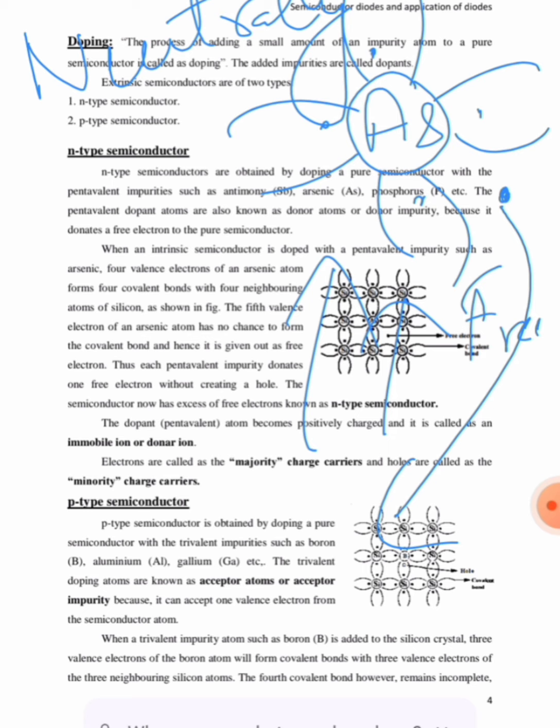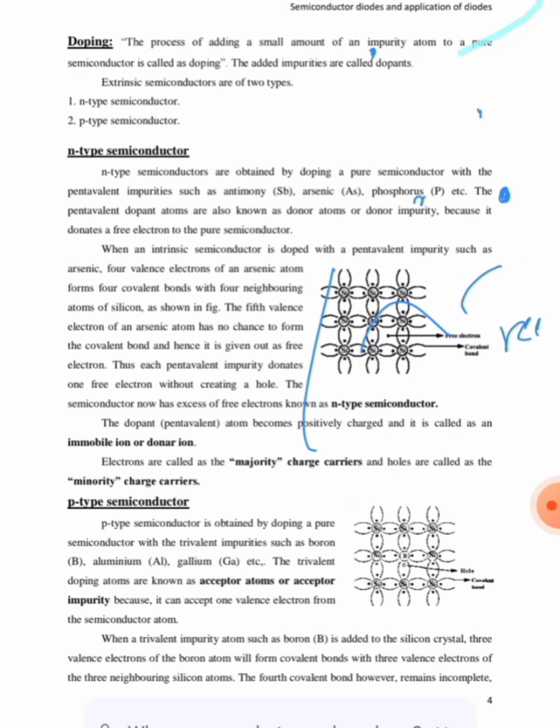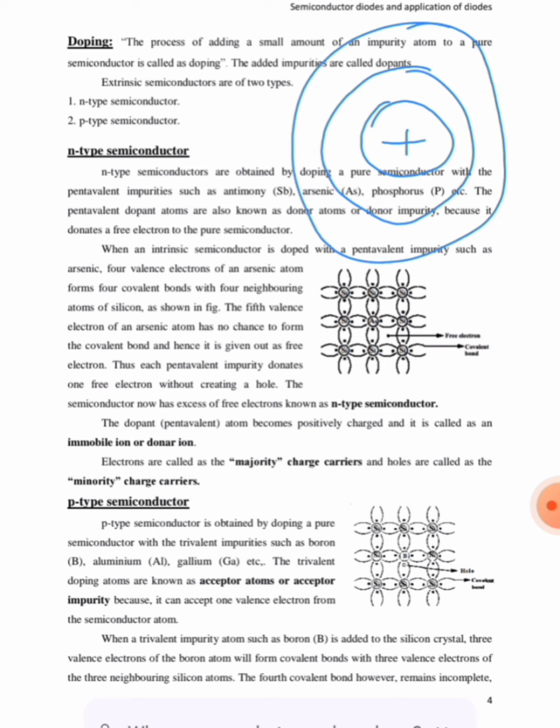Neutrally charged in the sense that an atom has a central nucleus surrounded by a number of orbits, and in the orbits we have electrons which are negatively charged. In the nucleus I have positively charged particles which are called protons. Surrounding the nucleus we have negatively charged particles which are called electrons.